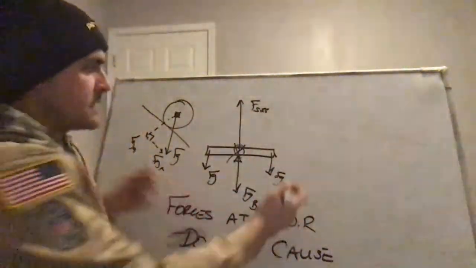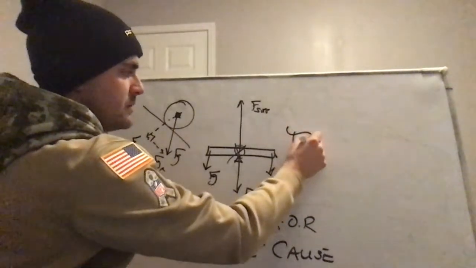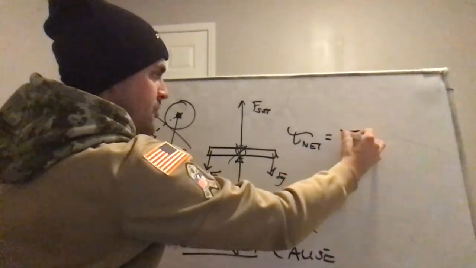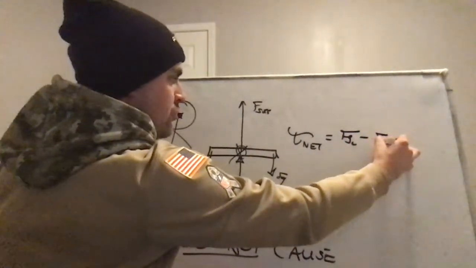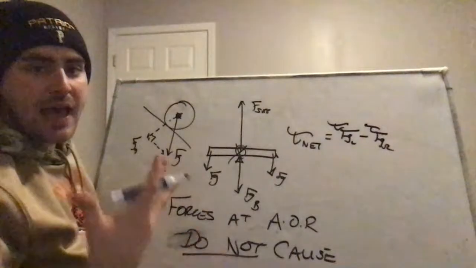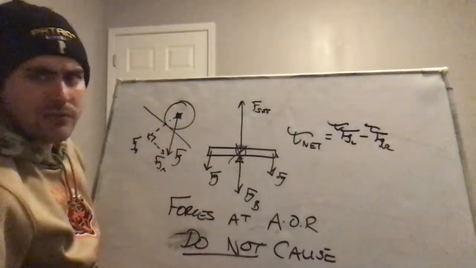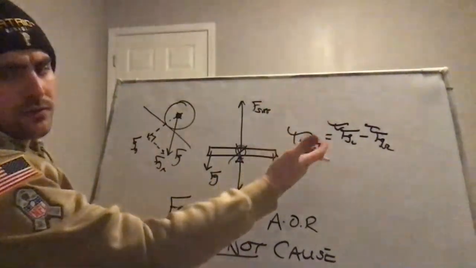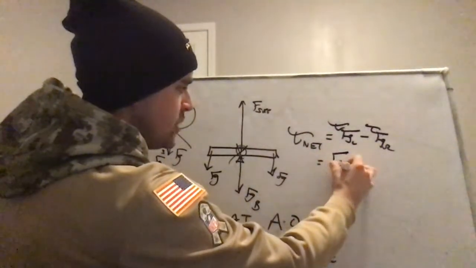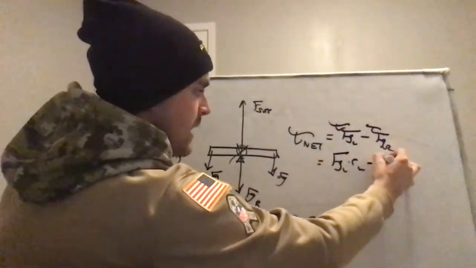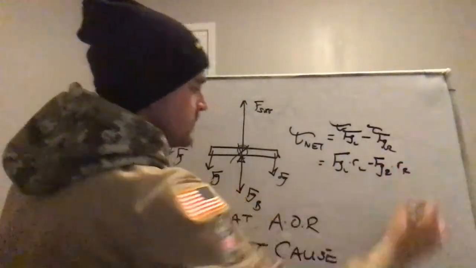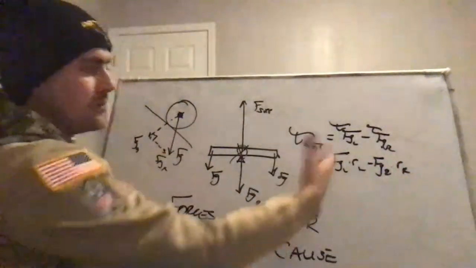So I always tell my students that a net torque expression for this one, T net equals torque of FG left minus torque of FG right, is absolutely useless unless you're given torque values. Like this equation here for a derivation, absolutely useless. I would even skip that and go right to FGL times RL minus FGR times R. Get yourselves boiling down.